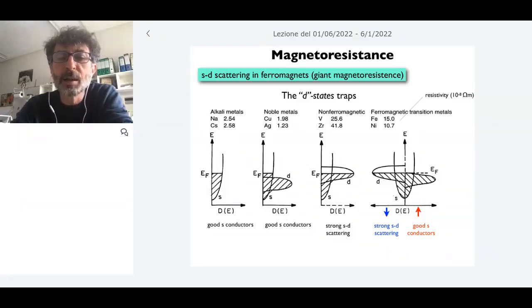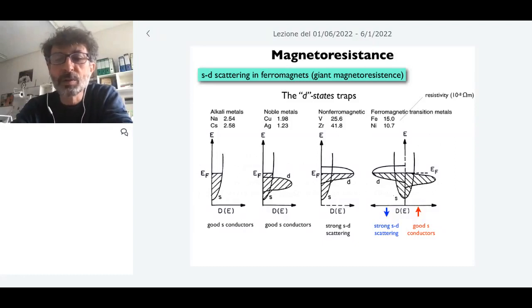Then when you put more electrons, following the periodic table, you have more and more electrons available, and you fill the d band. If you fill the d band completely, you arrive at the noble metals, where the d band is completely filled. And then again, you have only the S band at the Fermi level. These are the noble metals.